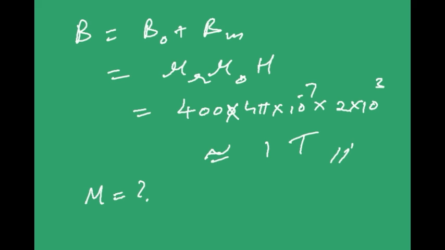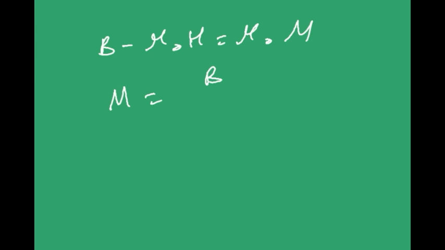Next we have to find M, the magnetization. The net field is given by mu naught times H plus mu naught times M. So from this formula I can write net field minus mu naught times H will be mu naught times M. So my M will be B by mu naught minus H. We just found out the value of B, the net magnetic field, that is approximately 1 Tesla.